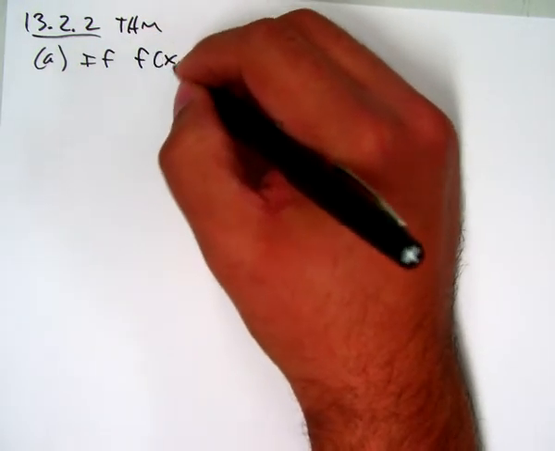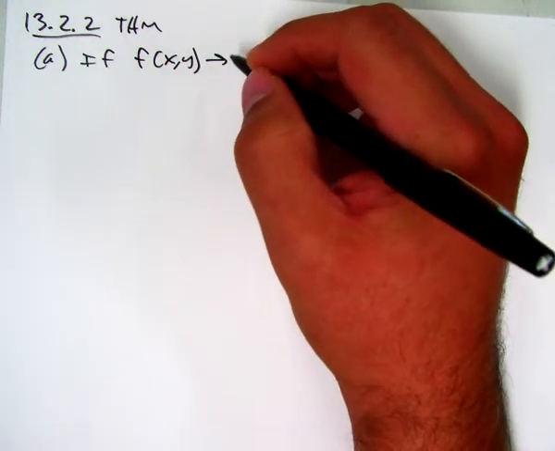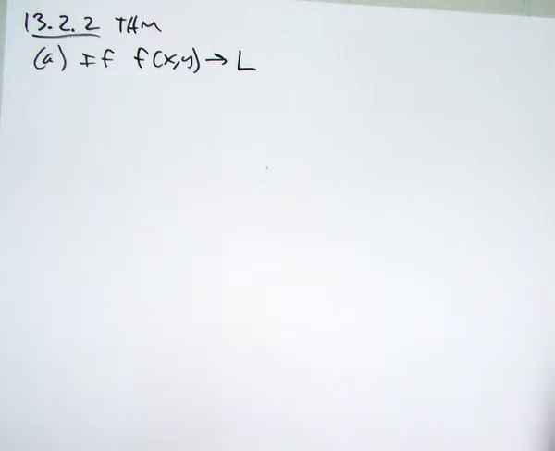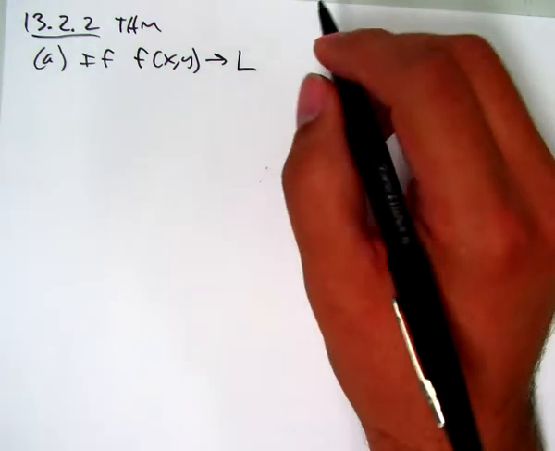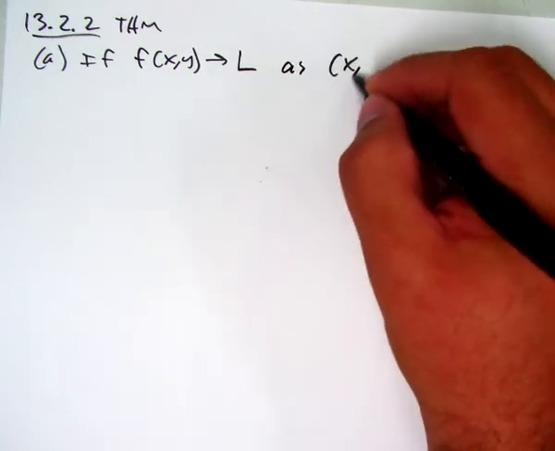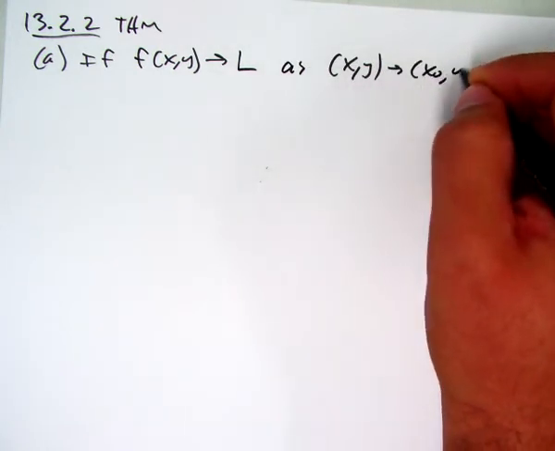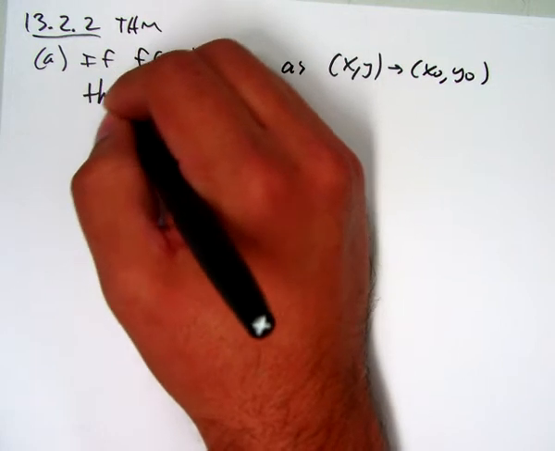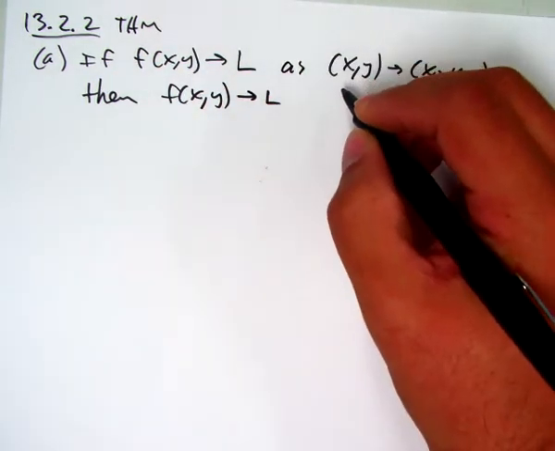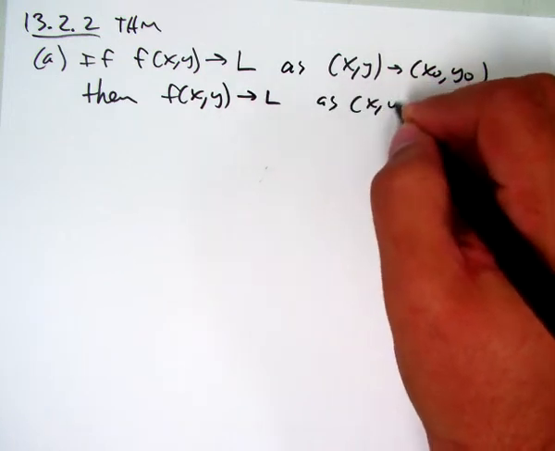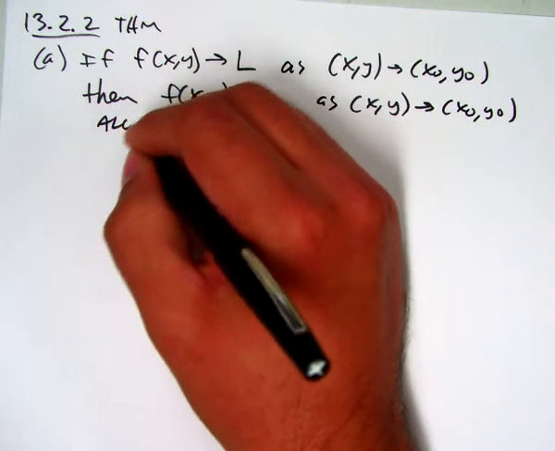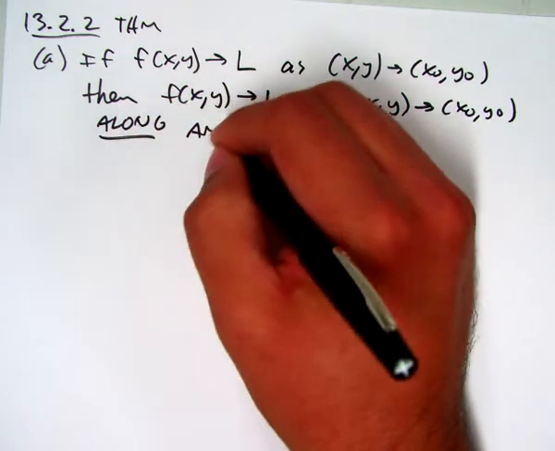If f of x, y approaches L as x, y approaches x0, y0, then f of x, y should approach L as x, y approaches x0, y0 along, this is the key, any smooth curve.